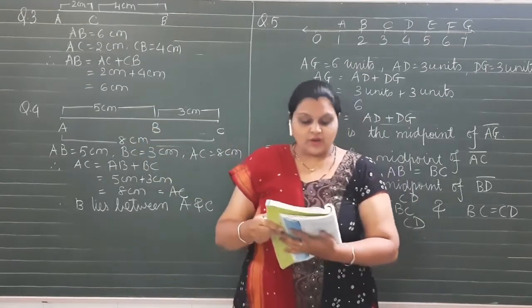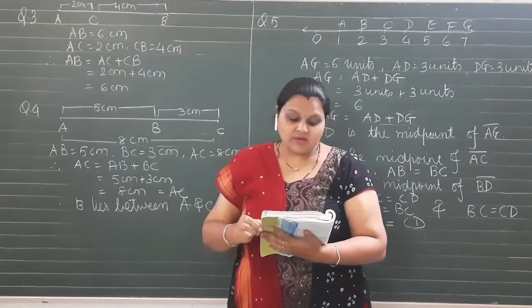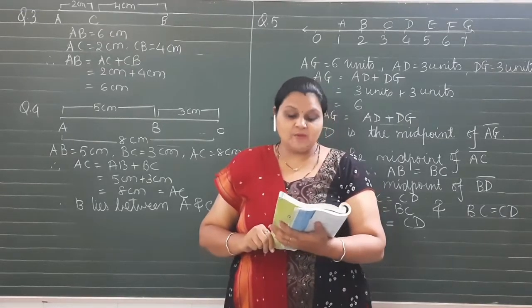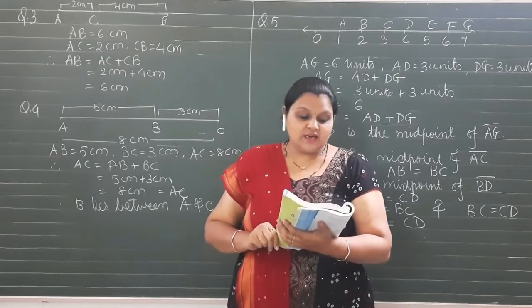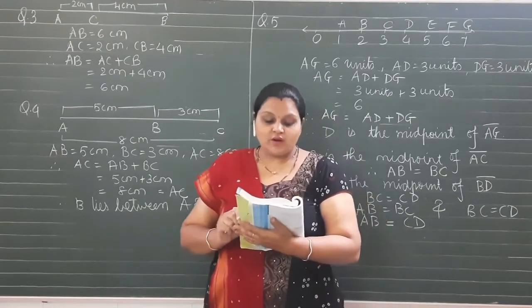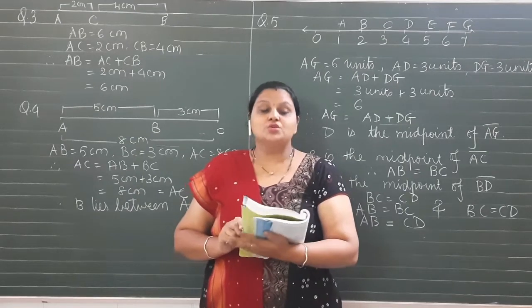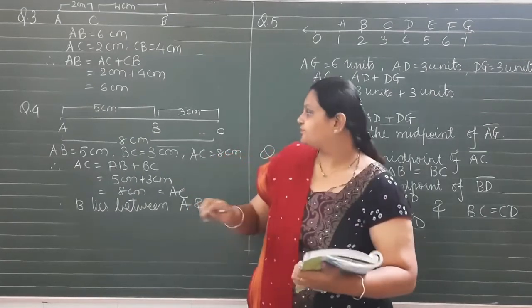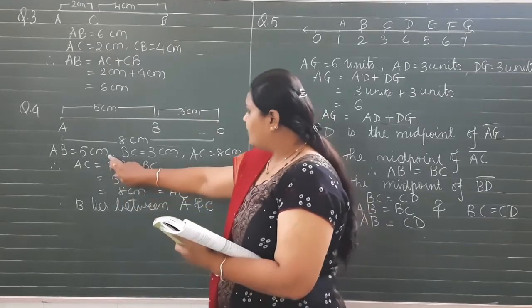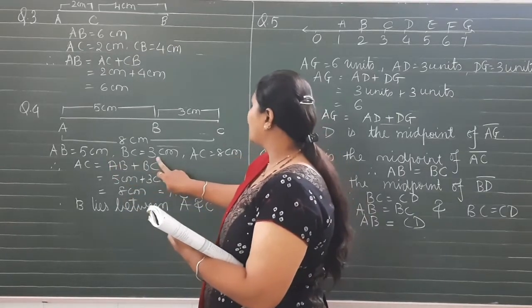Question number 4. If ABC are 3 points on a line such that AB equals 5 cm, BC equals 3 cm and AC equals 8 cm, which one of them lies between other two? Let us see. Here measure is given to us. AB equals 5, BC equals 3.